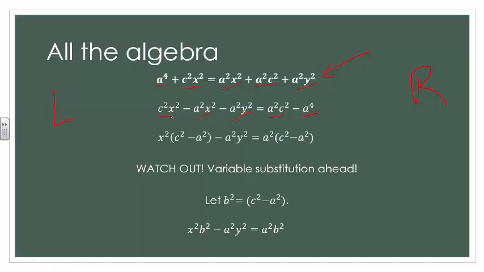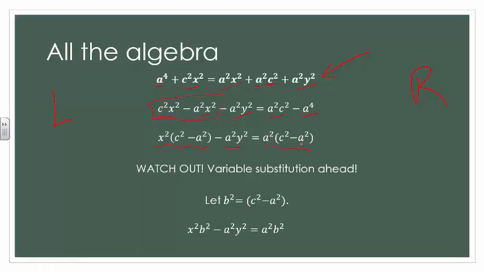We factor out an x squared from these first two terms to give us x squared times c squared minus a squared. We leave a squared y squared alone for now. And on the right hand side we factor out an a squared from these two terms, giving us a squared times c squared minus a squared.